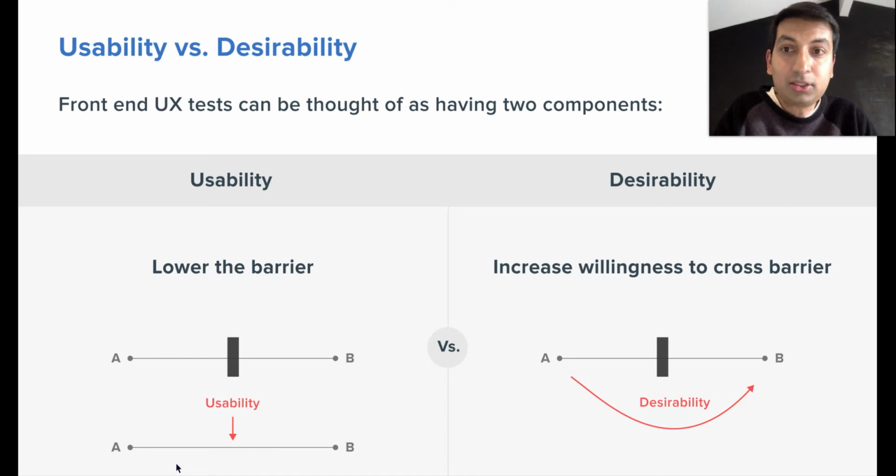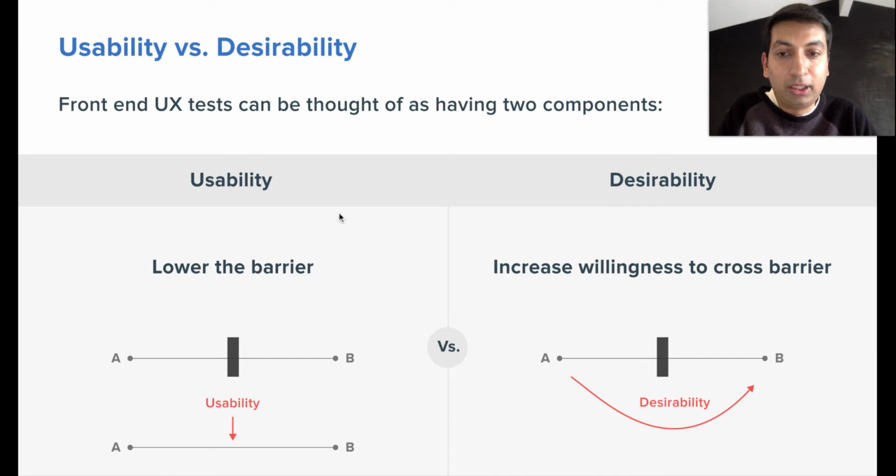So let's start by understanding this framework of usability and desirability. Okay, we think that this is how you can think of two aspects of any kind of front-end UI, UX type change. On the one hand, you have usability.